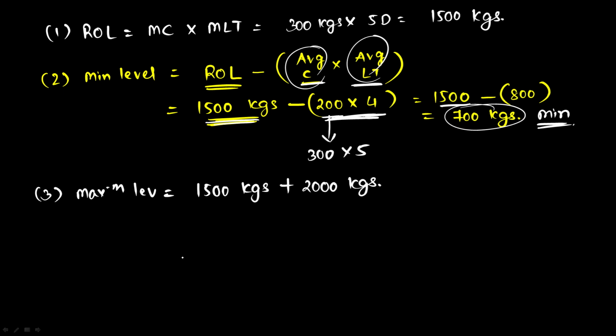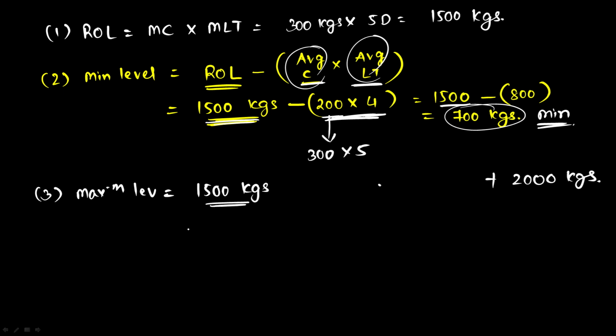When you are reordering at 1500 level, what you are reordering is 2000 level. Will this come today itself? No, it will take minimum how many days? Yes, my godown will be filled up by 2000 kgs, agreed. If I want to find out the maximum level of stock, I should consider this 2000 kg.